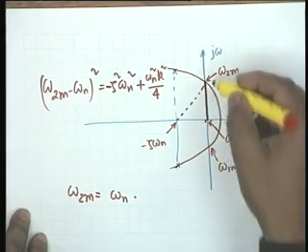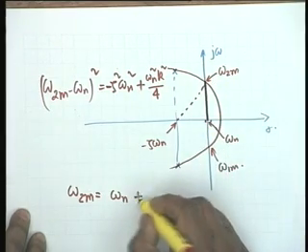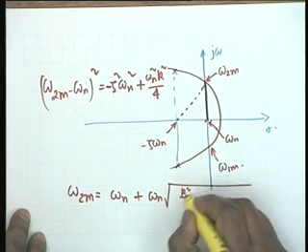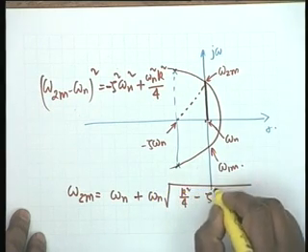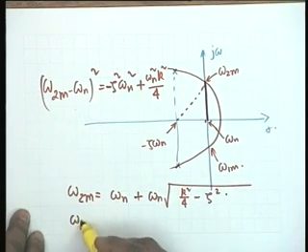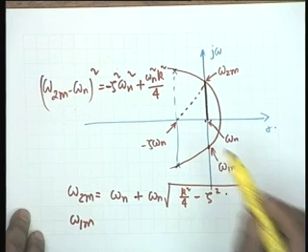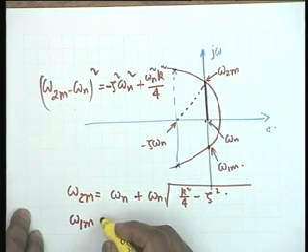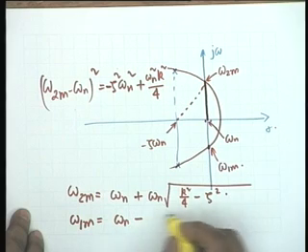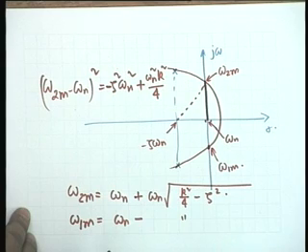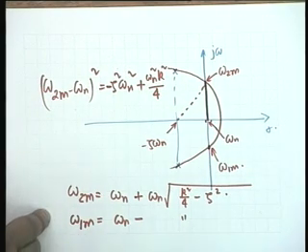Common sense, it is above omega n, so it must be plus. Plus omega n square root of k squared by 4 minus zeta squared. And obviously omega 1m, this maximum shall be symmetrically located with respect to omega n, so it should be omega n minus the same quantity. These are the expressions for the two peaks.